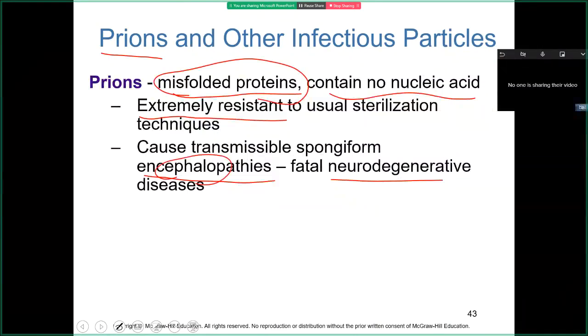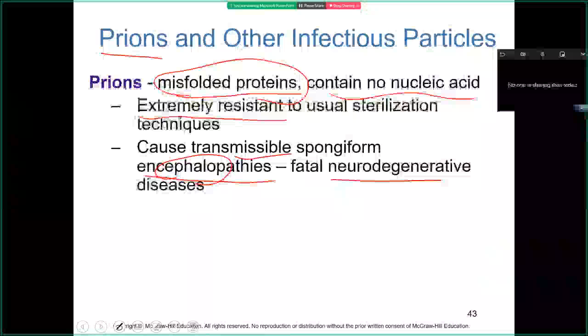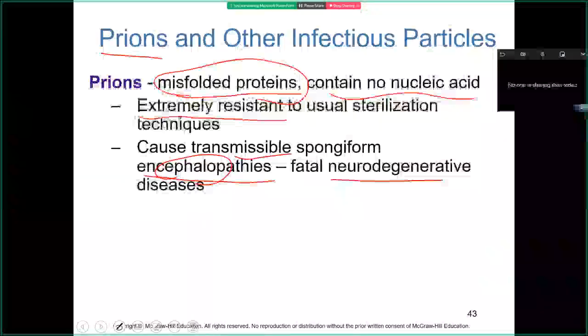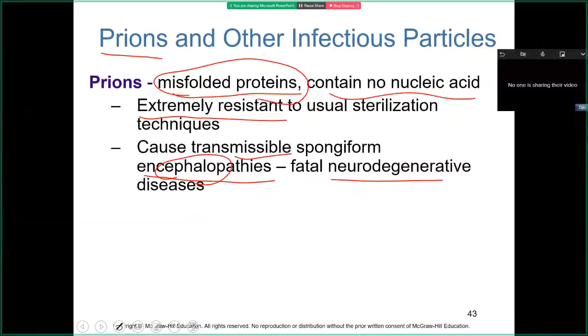And then pathy, of course, is referring to a disease. So encephalopathies are in the brain. And these are apparently transmissible. So if you have a prion-infected individual and they're shedding prion in their saliva or in other body fluids, and those are taken up by another uninfected individual, they too can become infected.